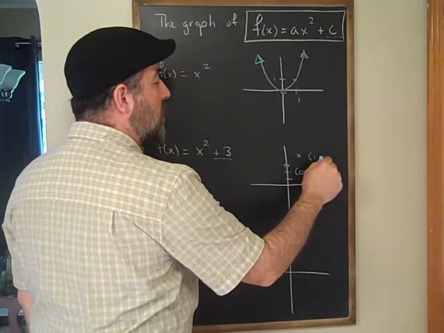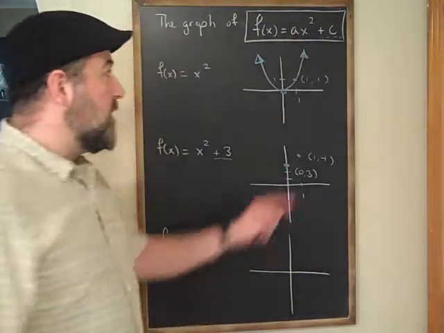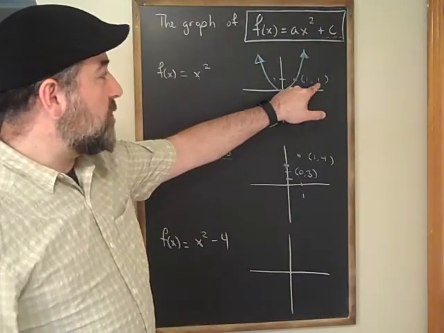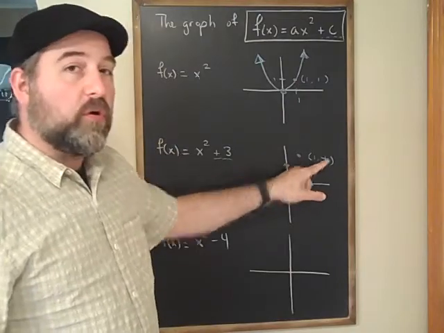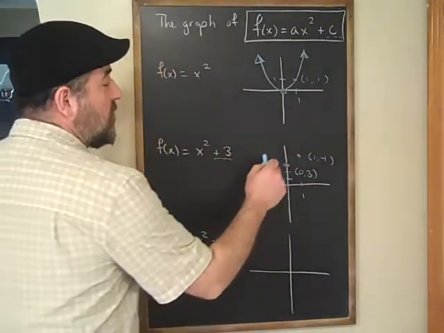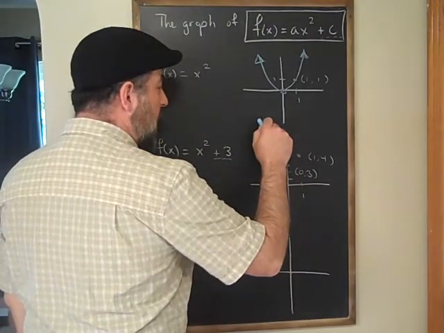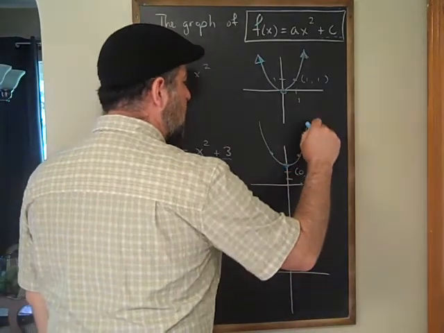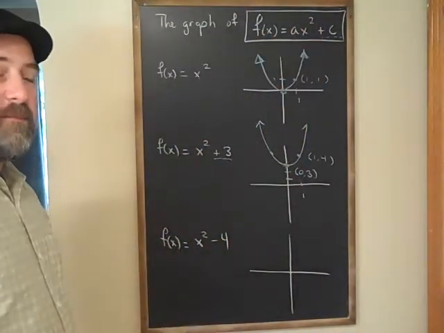So we get that point 1 comma 4, whereas here we had that point 1 comma 1. Now if you notice, the y value is going from being 1 to being 4, which is shifted 3 up. So that's why you can trust that all that plus 3 is doing is moving the graph of the parabola 3 spaces up. It's the exact same shape, 3 spaces up.